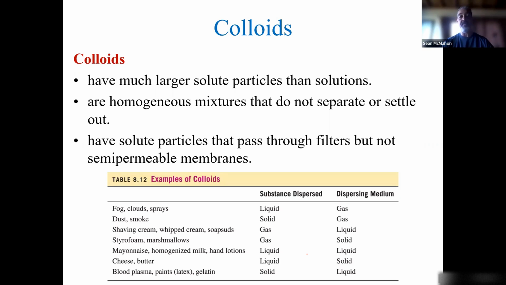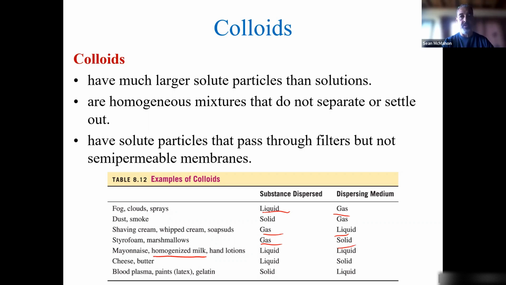There are several different examples of colloids. Again, it is a homogeneous mixture, just like when we talked about solutions. You can have examples of liquid and gas, gas to liquid, gas to solid. But I'm going to do one that I think is fairly easy for people to understand, which is homogenized milk.